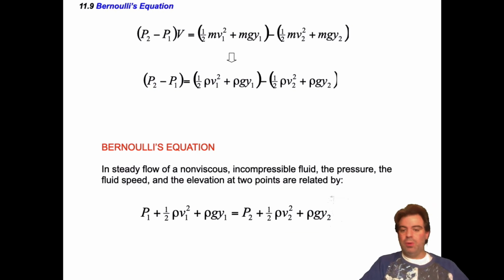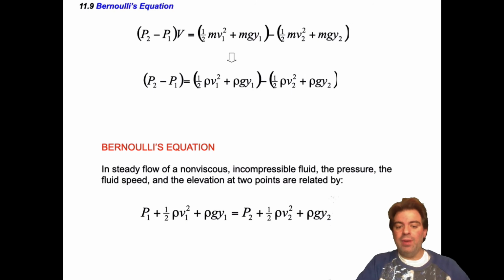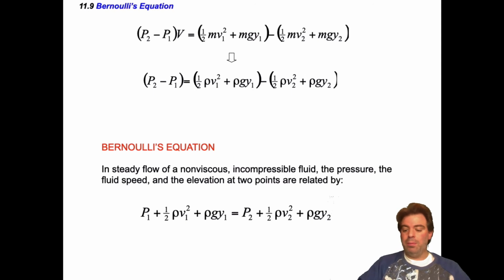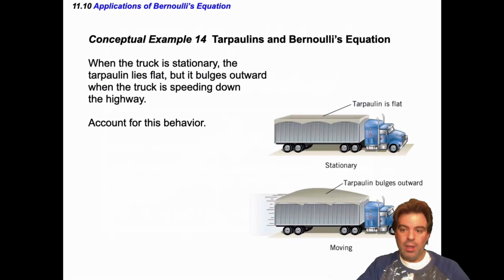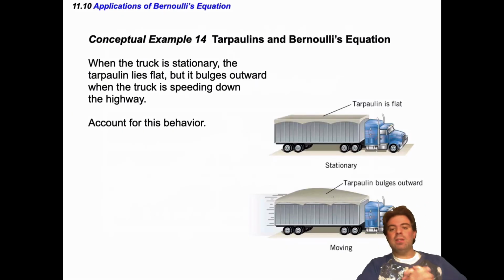So this is of course Bernoulli's equation, and it states that in a steady flow of non-viscous incompressible fluid, the pressure, fluid speed, and elevation at two points are related by the equation that we just described, and I just showed you how to derive. Now, this has some very important effects.